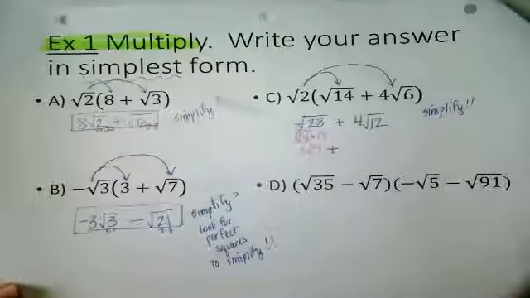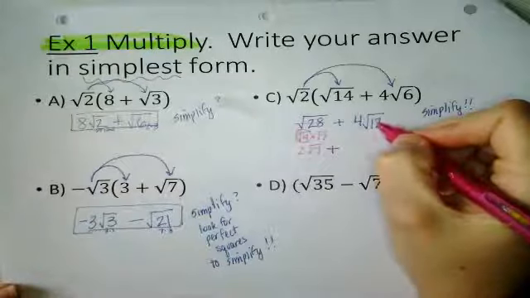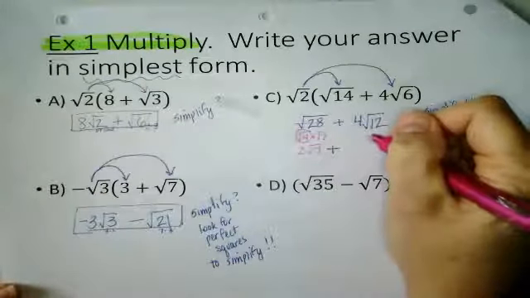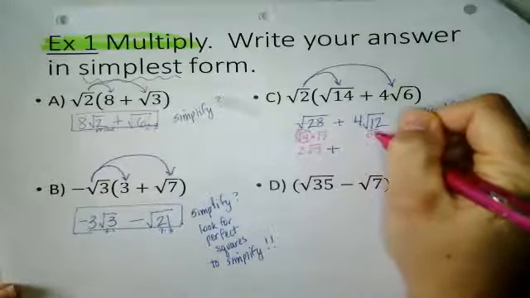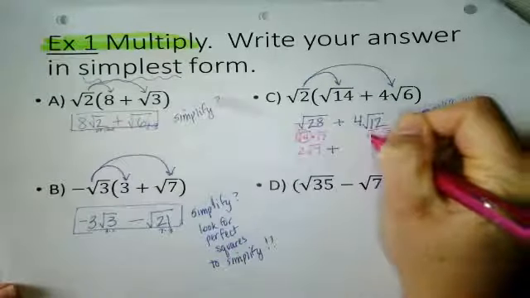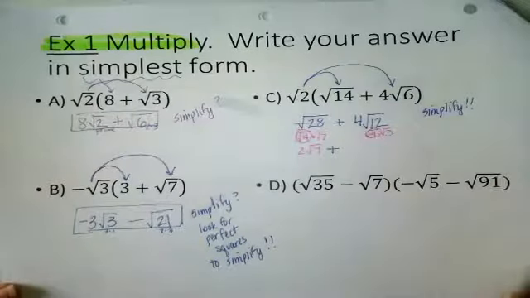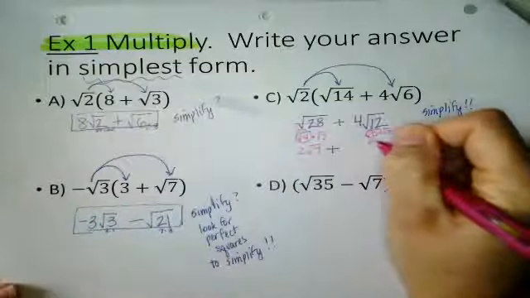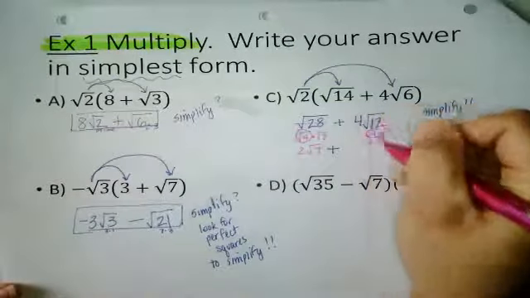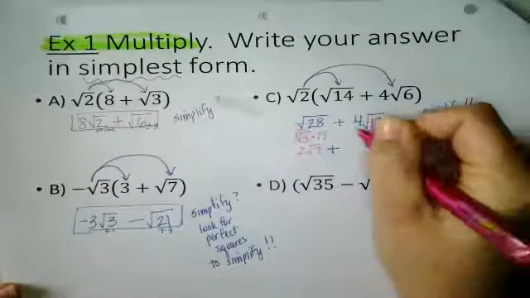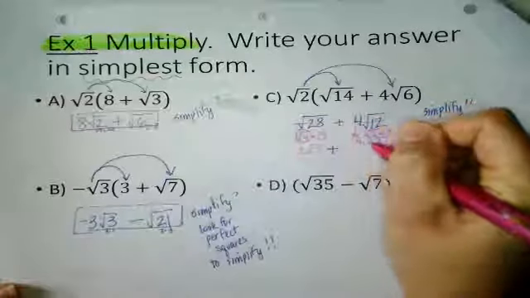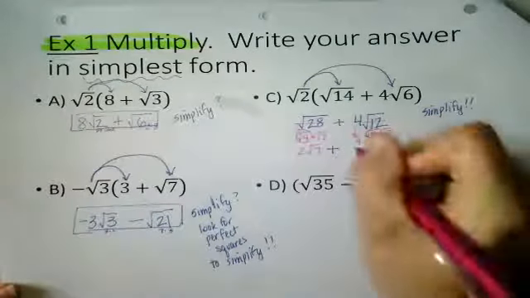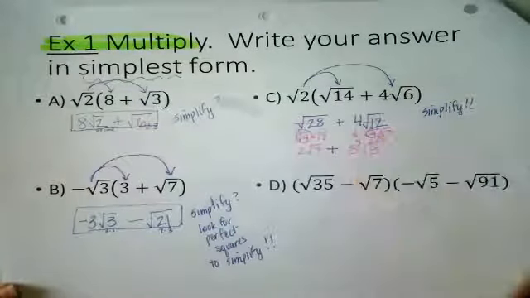And then here we have 12 under the radical. It has a 4 in there. So radical 4 times radical 3. And what is the square root of 4? It becomes 2. So radical 12 becomes 2 radical 3, but don't forget about the 4 in front. So that's 4 times 2, which becomes 8 radical 3.